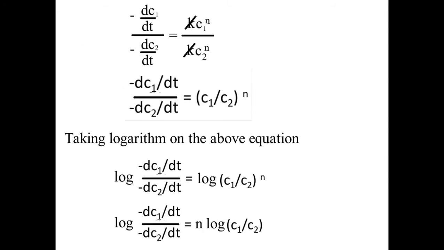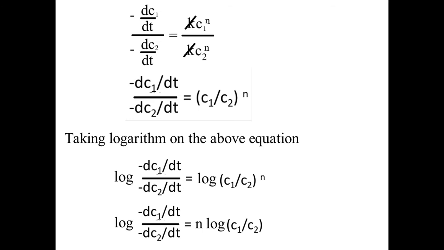The equation is minus dC1 divided by dt divided by minus dC2 divided by dt equals C1 to the power of n divided by C2 to the power of n. Here n becomes common, so the equation is minus dC1 divided by dt divided by minus dC2 divided by dt equals (C1 divided by C2) to the power of n.